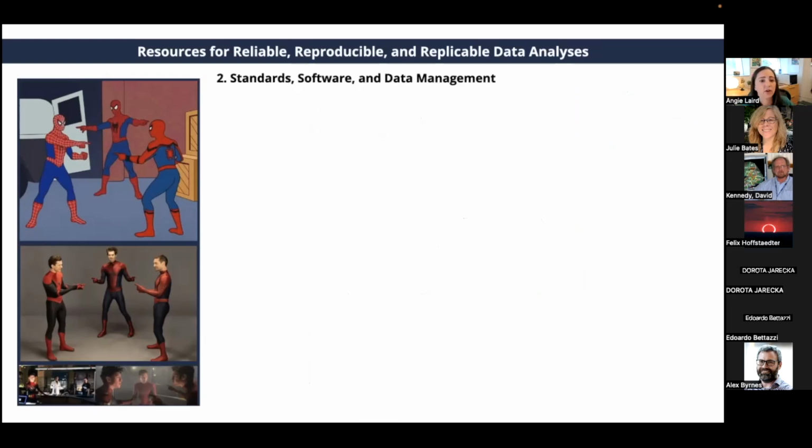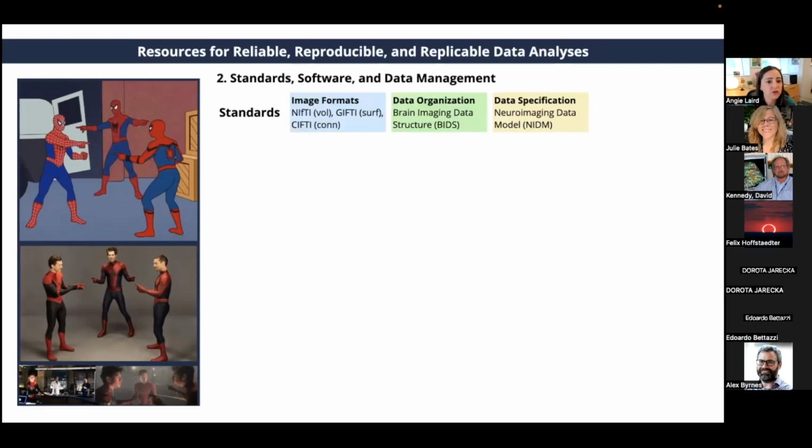The second category of tools and resources focuses on standard software and data management. We could do a whole seminar just on this, and I think there are ReproNim seminars just on this. So my goal here is not to really go into any great detail, but merely highlight what I think are the go-to resources for us all. So I've included neuroimaging data standardization, which begins with clear specifications for file formats and also includes data organization and data specification.